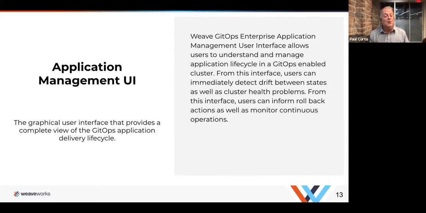So when you look at a deployment, you've got to keep in mind that there's a deployment manifest or chart or something, and there's the images, the containers themselves. The ability to move back and forth between container images and/or manifest versions is what the application UI does for you.